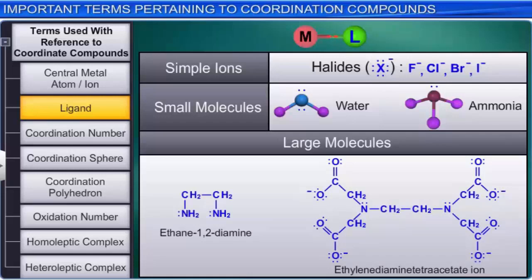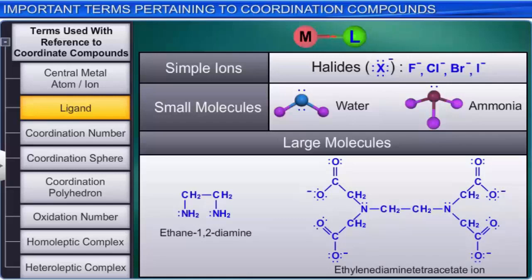What is acetate? CH3COO minus ion is acetate. In this CH2 group, one of the hydrogens is substituted, so CH2COO minus is the acetate group. This ethylenediaminetetraacetate is also called EDTA, and it can act as a ligand.